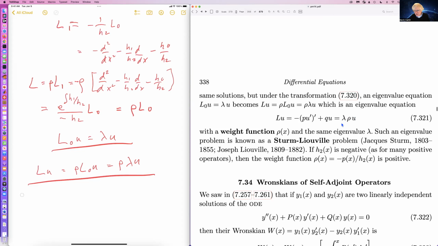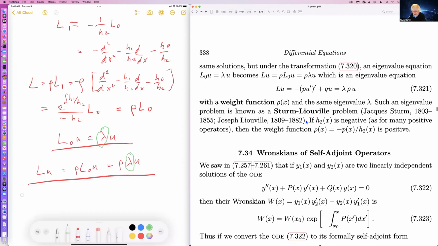The difference is that you have the same eigenvalue, but you regard the eigenvalue as the thing that multiplies rho U, not the thing that multiplies U. That's if you want the eigenvalue here to be the same as the eigenvalue of the original differential operator. And that's what we normally do.